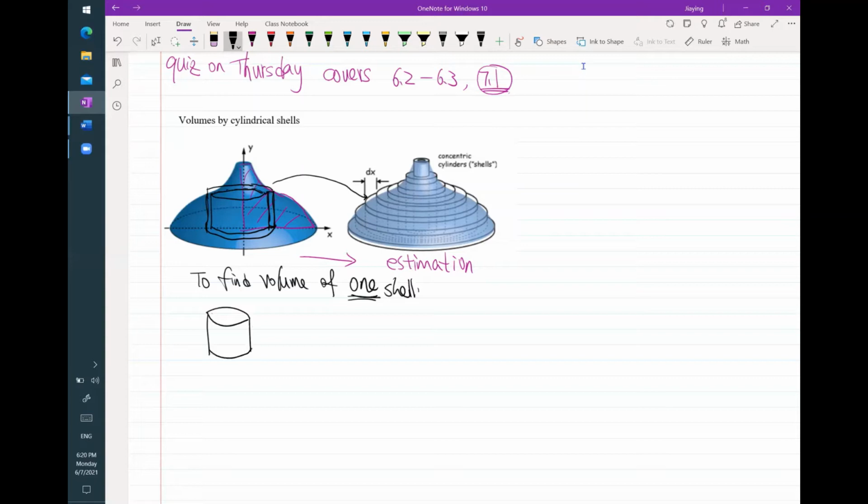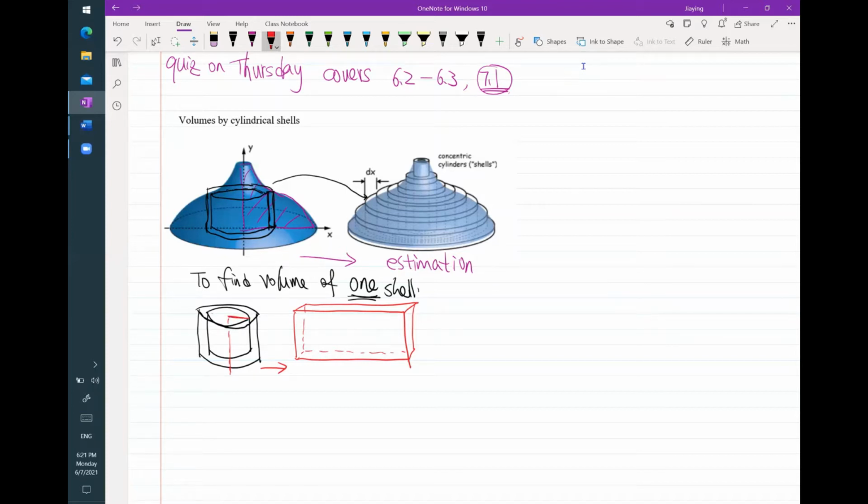If we take this shell in the middle and cut it open along one side, and then we open it, we should end up with this rectangular shape with the thickness. That's the shape we get when we cut the cylindrical shell open and open it up. That will help us find the volume for one shell.